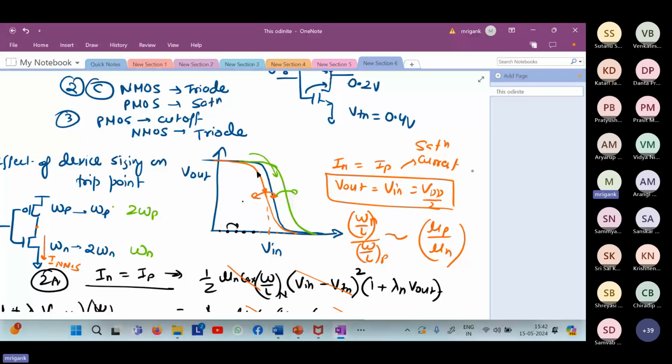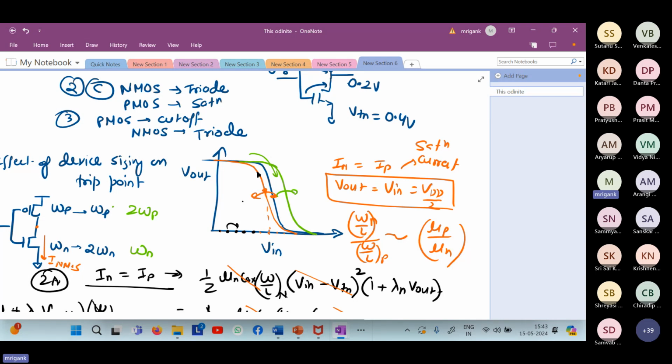So this thing has been done in Razavi also. I hope you have seen that. So in general, this is the thumb rule followed for inverter sizing. If you have to set the trip point of the inverter close to VDD by 2, we set W by L of N and W by L of P in the reverse ratio of mu N and mu P. So this is for the inverter.